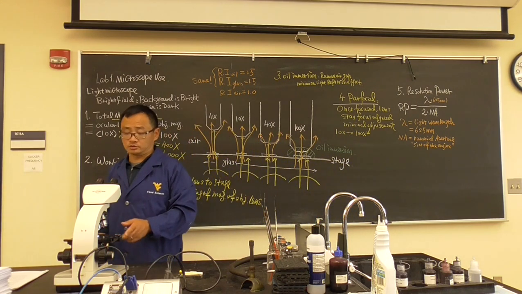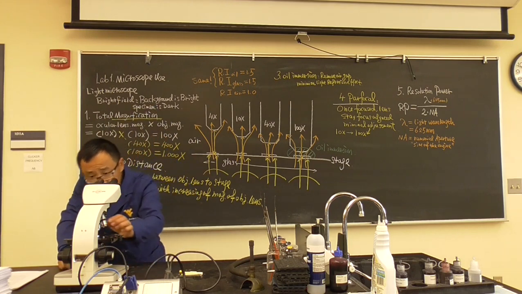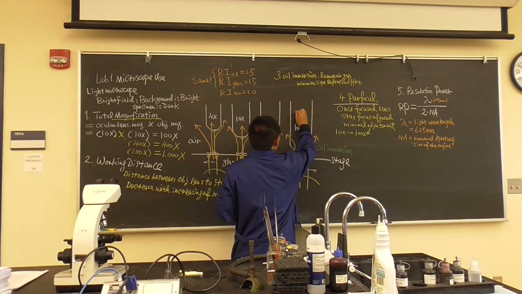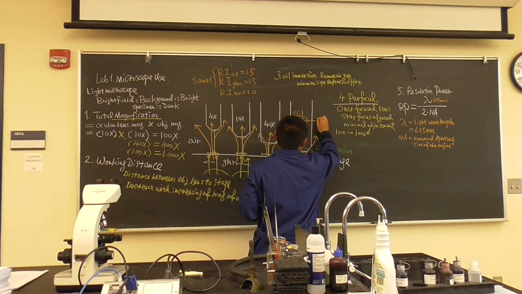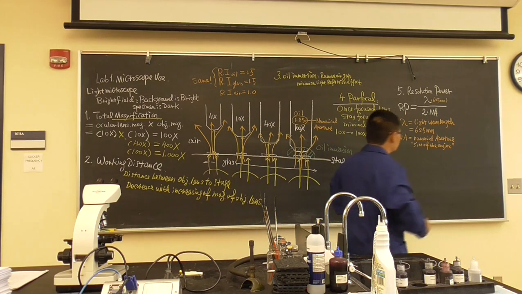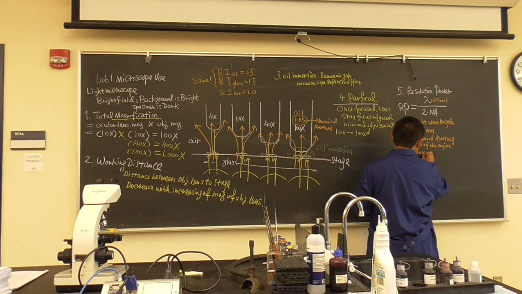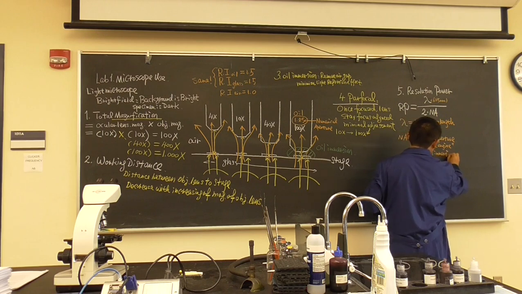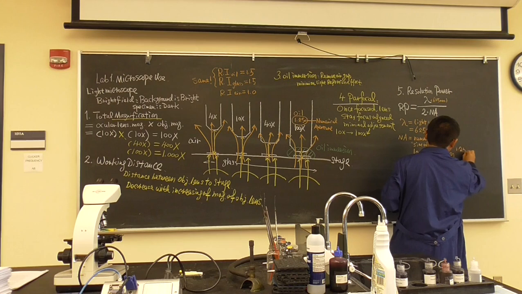If you look at the 100x objective lens, you will see the writing here is oil 1.25. This number is the numerical aperture. So for this microscope, if we use 100x with oil immersion, the numerical aperture is 1.25.